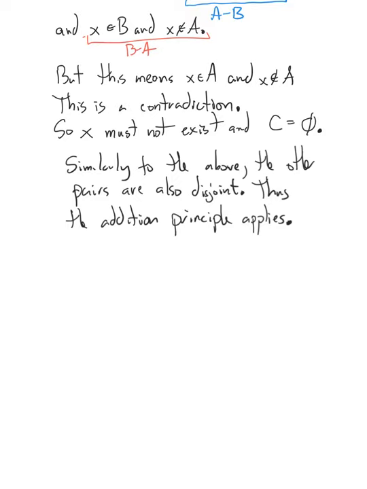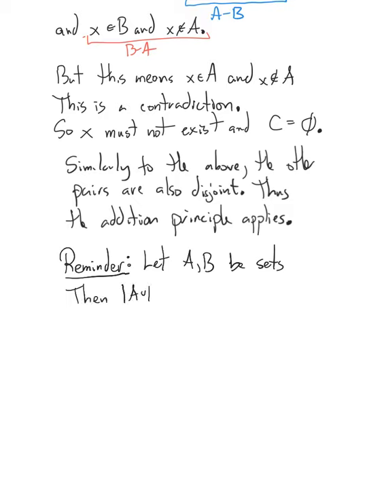Okay, so that's that. All right, and a quick reminder. Well, this disjoint bit is important because if A and B are sets, then, if you remember, the size of the union was the size of your first set plus the size of your second set minus this intersection, because you counted that twice.